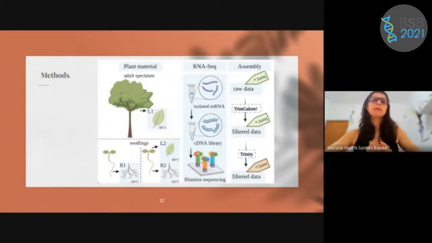Trinity is an RNA-seq de novo transcriptome assembly software. Other software was used to produce more results, and I'm talking about the results in the next part of my presentation.